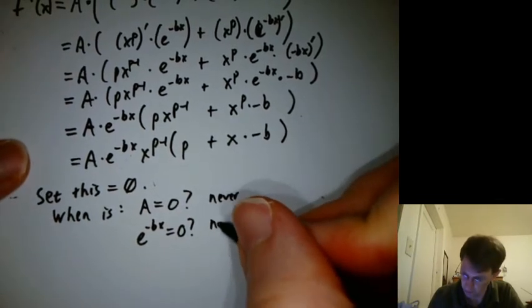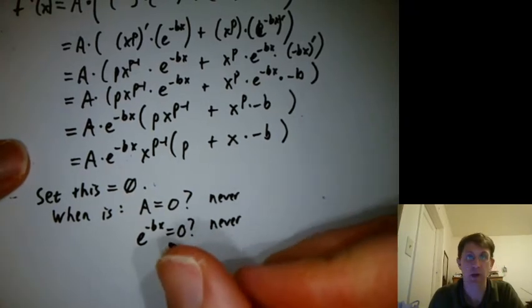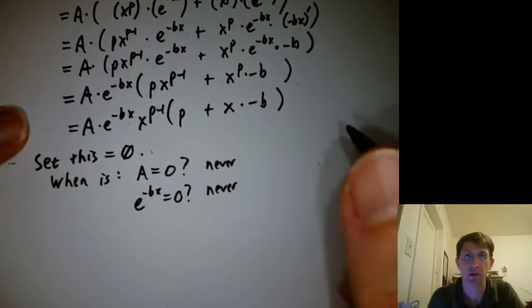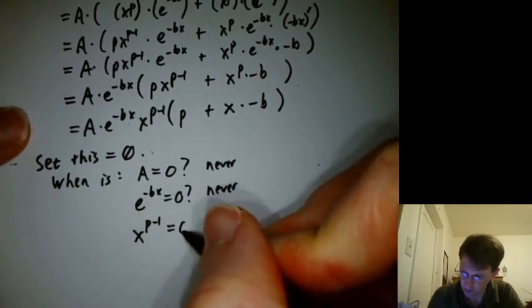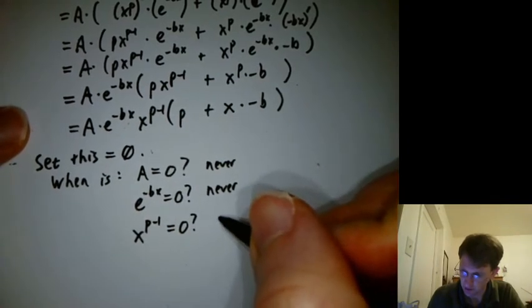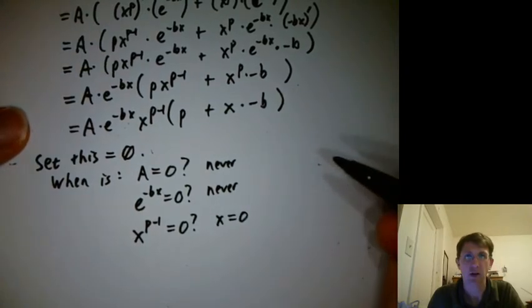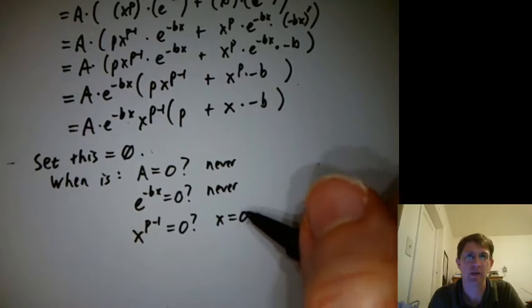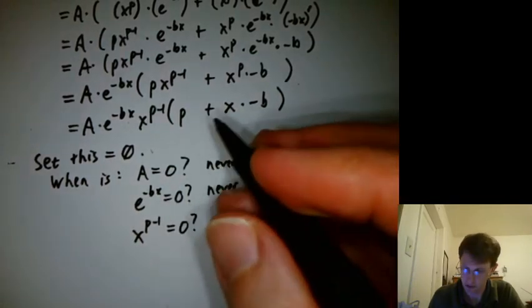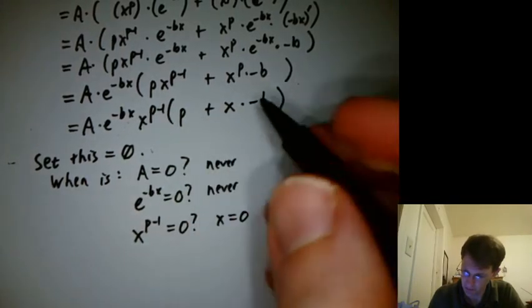Never. You can't get a 0 by putting in a finite number to e to the power. When is x to the p minus 1 equal to 0? Well, that's true at x equals 0. We said we were only really interested in x strictly greater than 0, but I'm willing to make an exception here. And then the question, when is this last term equal to 0?